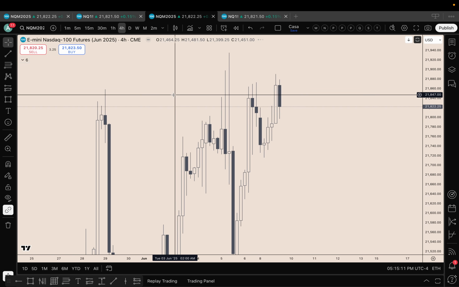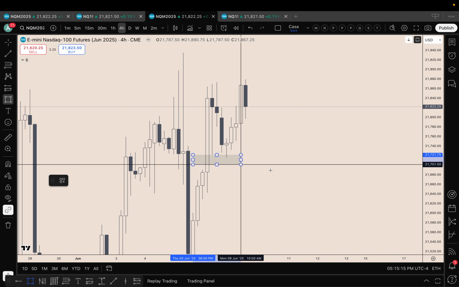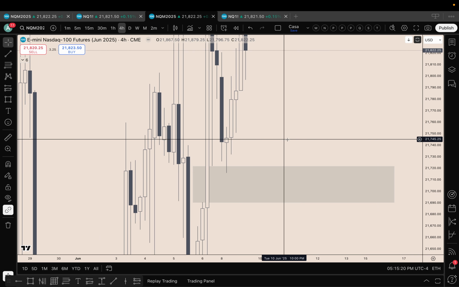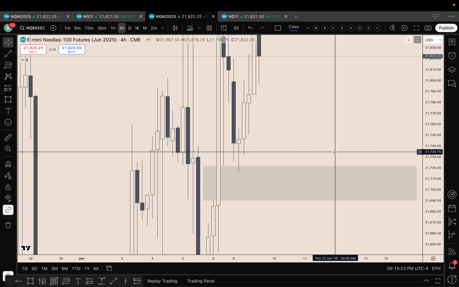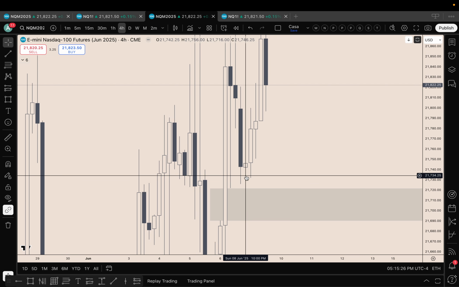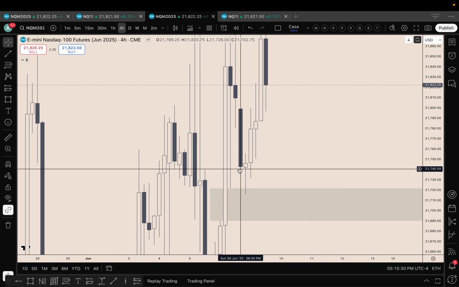We'll dive into the next example, which is right here. Is that a volume imbalance? No, it's not. But right here, look, we tap into a higher time frame PD array. What does this make this wick right here? This wick trades into it.